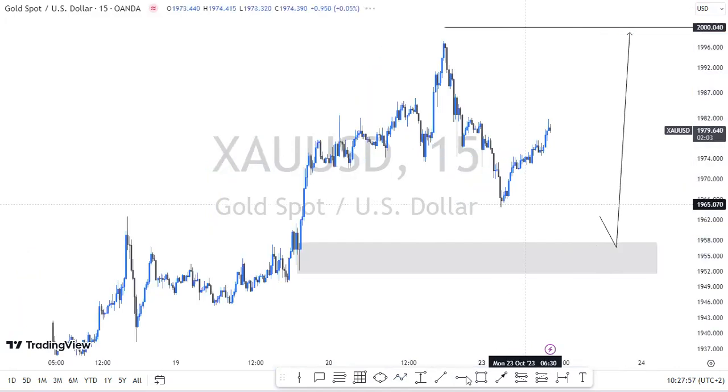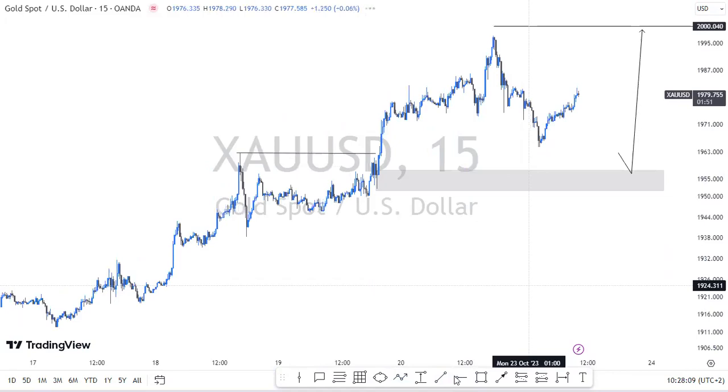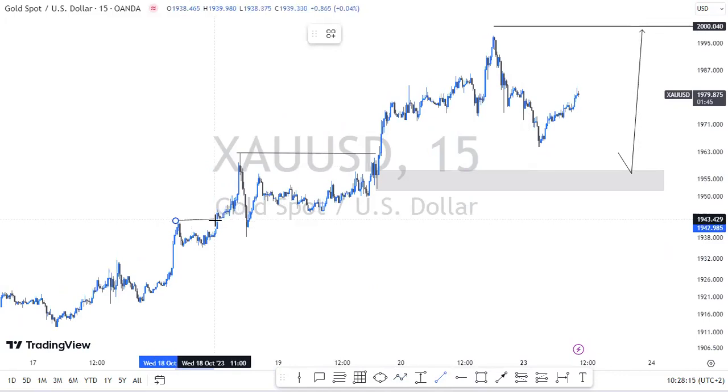To enhance my probabilities, I've also identified a break of structure to the upper side. Basically, gold has been breaking structures, breaking structures, testing.